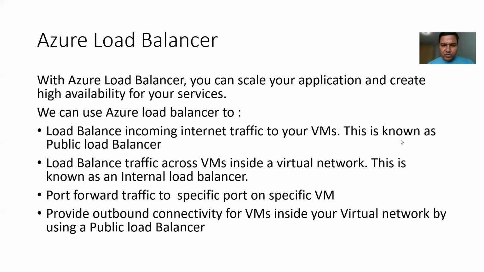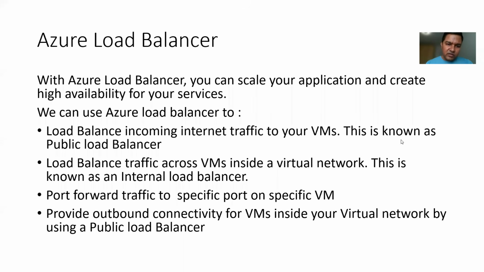There are two types of load balancing in Azure. One is a public load balancer and one is an internal load balancer. So when incoming internet traffic comes to the virtual machine, let's say traffic is coming from the US, you are running, let's say, a google.com website, or Netflix, and traffic is coming from the US, from Norway, and from Germany.